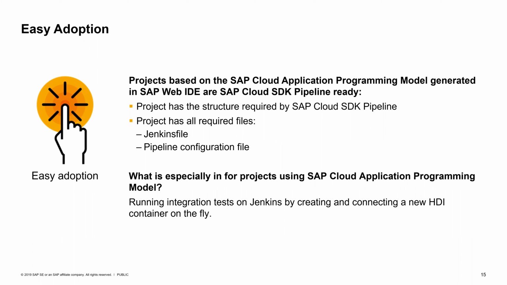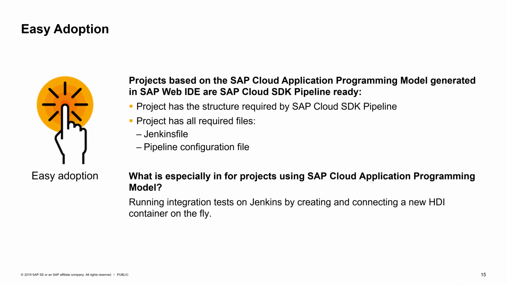So for SAP Cloud Application Programming Model especially, we have integrated a template into Web IDE. Daniel will show this in a minute. So let me just tell you, the project needs to follow a certain structure.